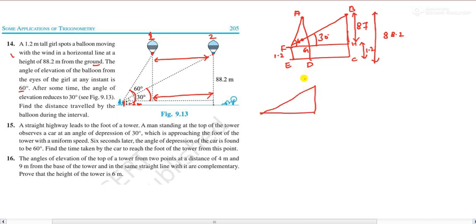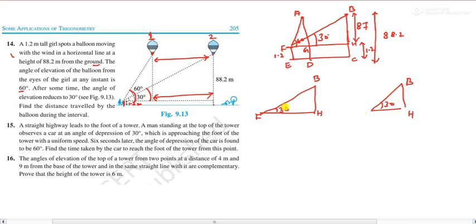Now we will take that figure. That is the actual question. This is B, H, F, and this is 30. Oh, sorry.